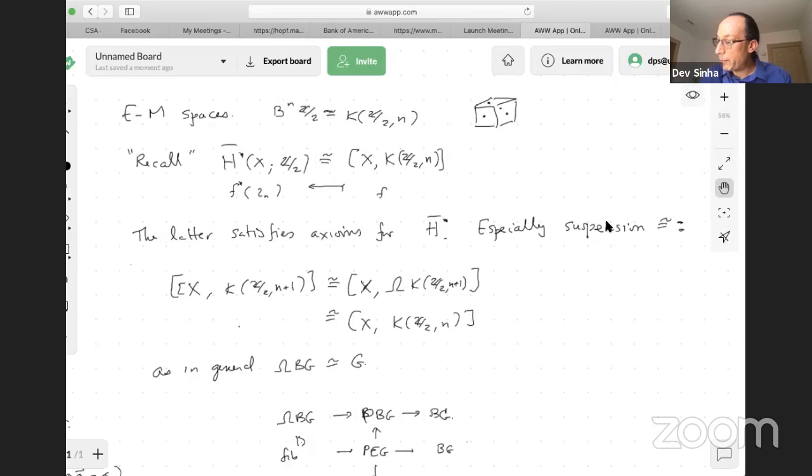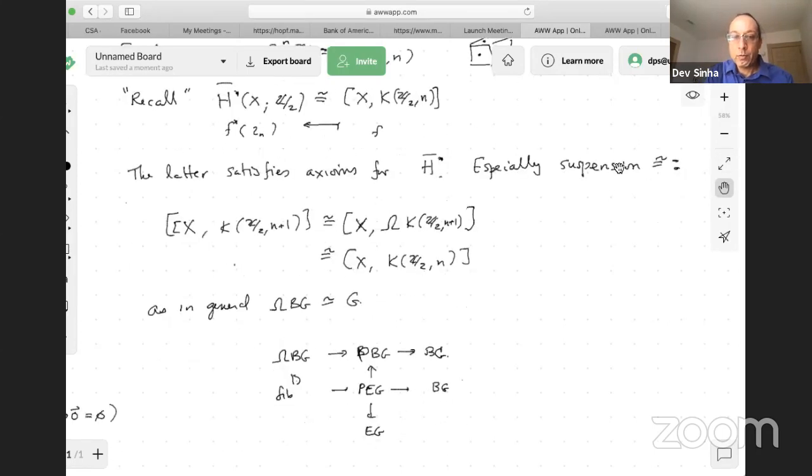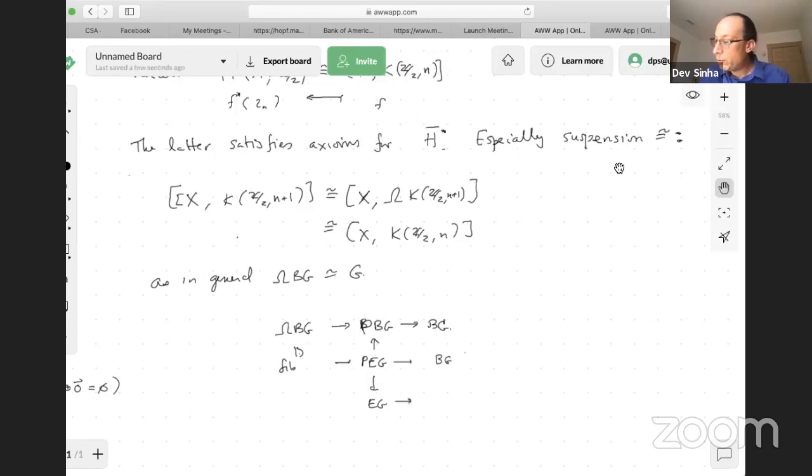But this also then maps to EG, which has its quotient to BG there, and this of course has fiber G, and so we have this equivalence between loops BG and G. Great.